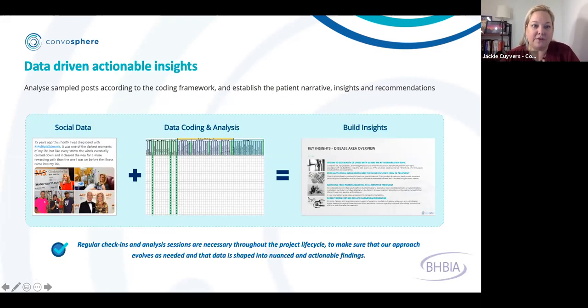So just kind of how you get from the data to the insights, it's a multi-step process. So you take the social data or the conversational data of the post, you gather that using a social listening tool. You then clean up the data, getting rid of irrelevant posts or content.